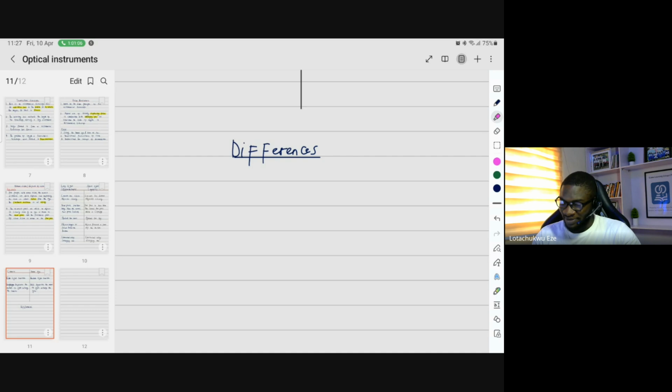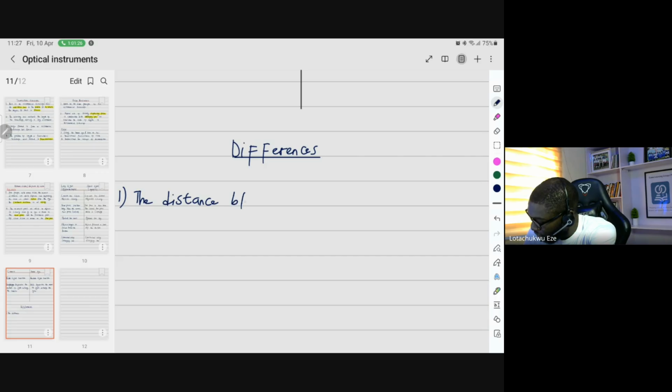For the camera, the distance between the lens and the film can be adjusted. You can adjust the distance between the lens and the film. So the first thing I said here, is it important for me to write this thing down? Okay, let me write. So the distance between the lens and retina is fixed.